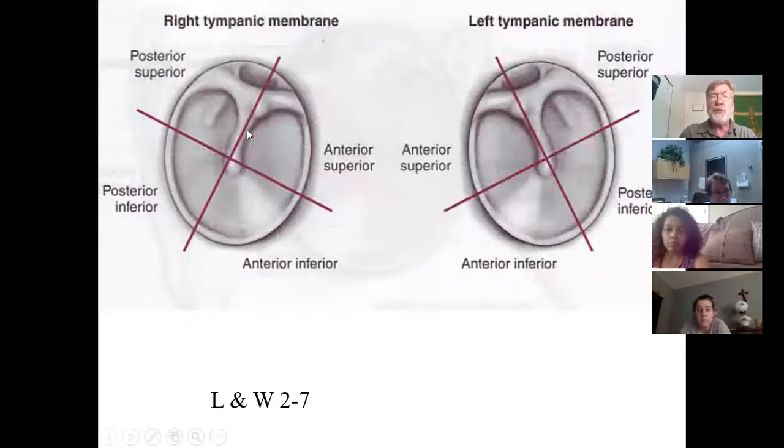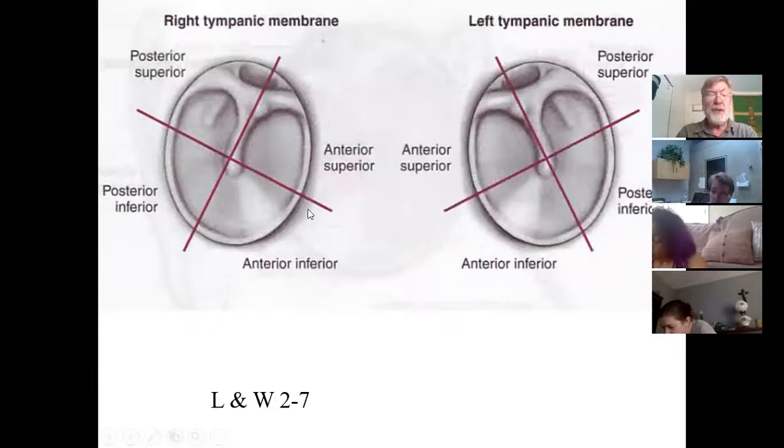This teardrop shape is actually the first bone inside your middle ear. They call it the manubrium, M-A-N-U-B-R-I-U-M, manubrium. In Latin, that means handle. It's the handle of the malleus.